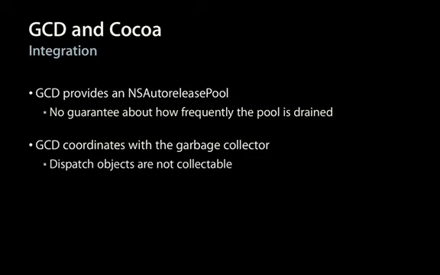However, because the threads are frequently reused, there's no strict guarantee about how frequently the autorelease pool is drained. So as always, if you're going to be doing a lot of allocations, it makes sense to manage your own autorelease pools within a queue. But it's not going to leak objects. There is a pool provided for you by default.